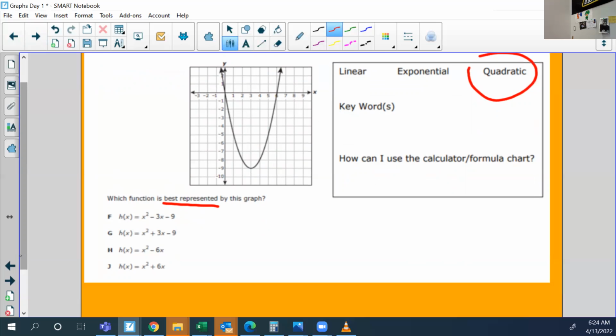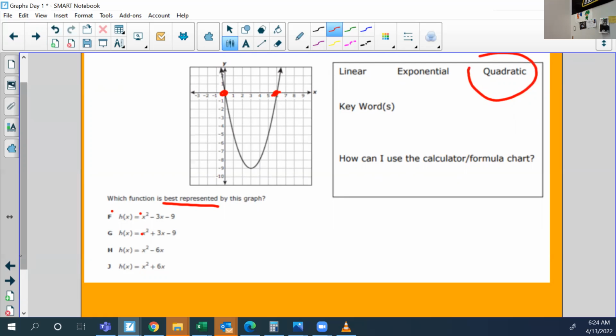Those are my x and y intercepts. If you're not sure on this one, you're like, where do I go? Just go ahead and graph the 4 options and see which one matches this.